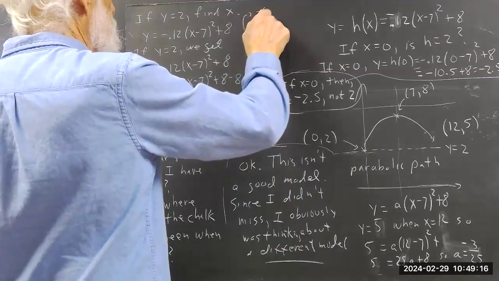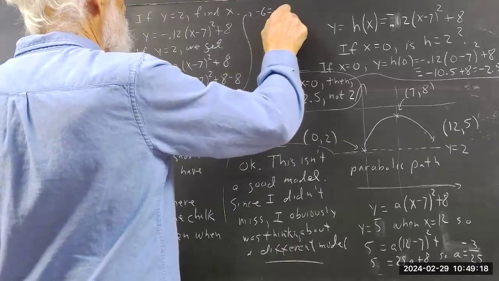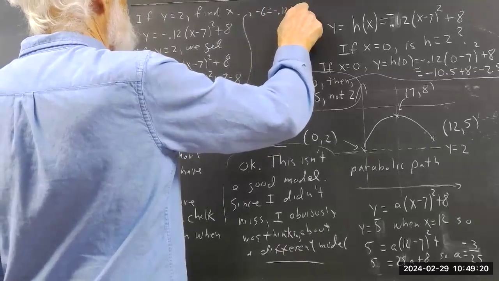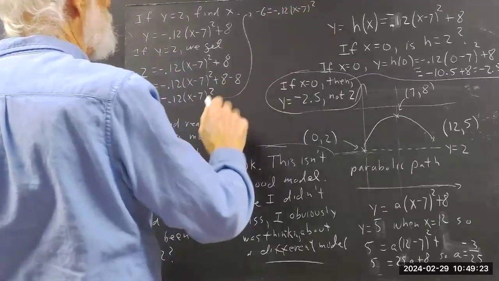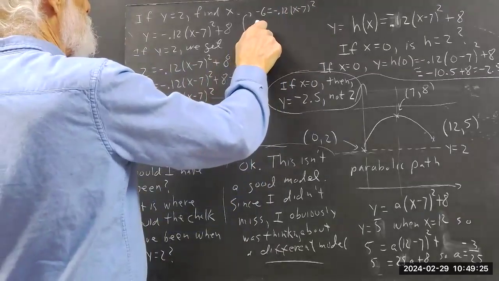I'll write this up here. I'm going to divide both sides by negative 0.12.